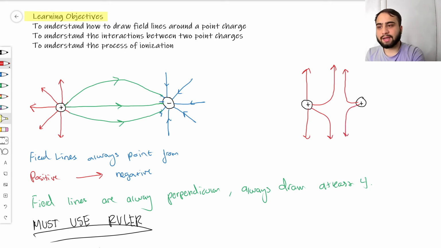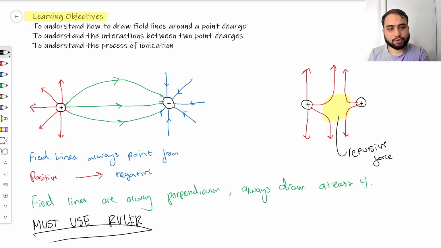So we have in this area over here the force of repulsion. Let's just call it a repulsive force. Okay, so that's why you can't push together like charged particles, because they just push each other away because of this repulsive force in between the field lines.